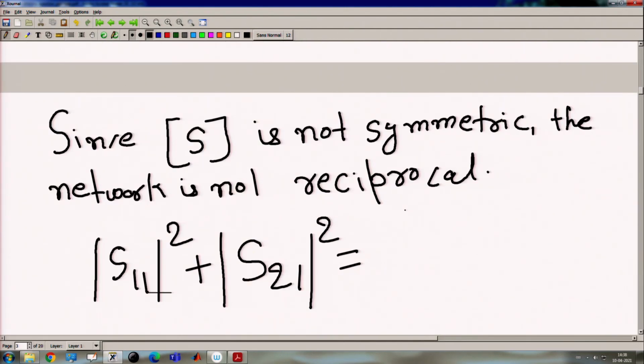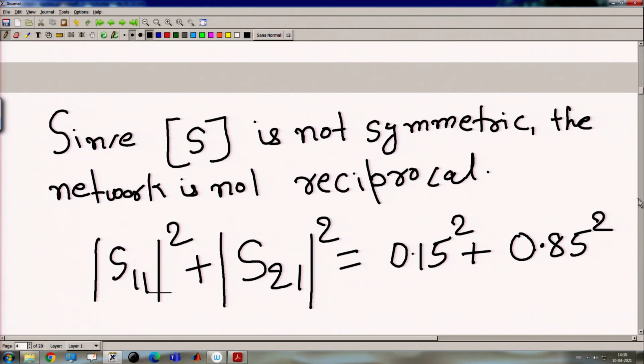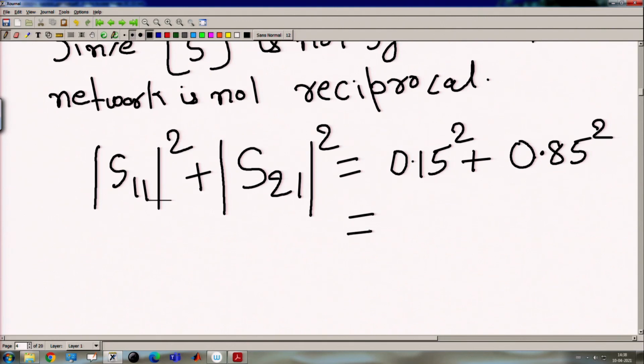So, it will be 0.15 squared plus 0.85 squared, which equals 0.745. It is not equal to 1. So, this is not a lossless network.